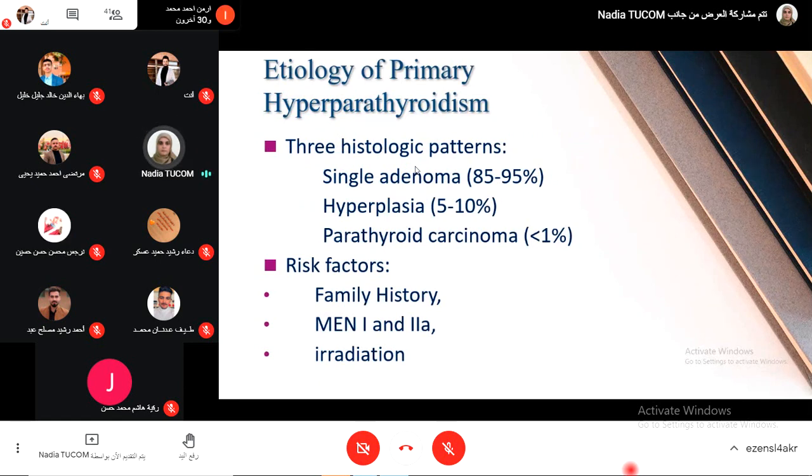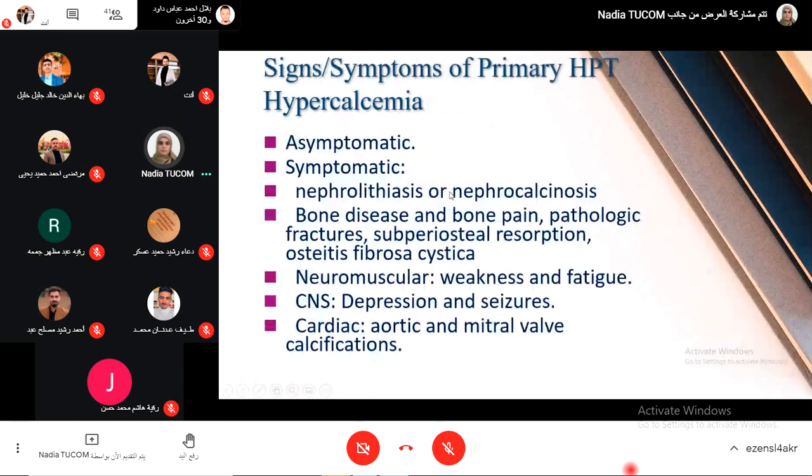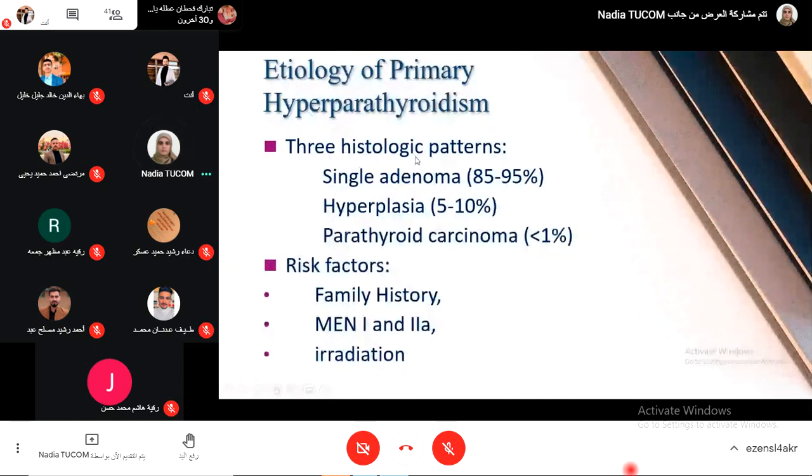The signs and symptoms. First, the etiology. Regarding hyperparathyroidism, there are three histological patterns or causes. Either a single adenoma, a parathyroid adenoma. What do you expect, is the adenoma multiple or single? And hyperplasia, multiple or single? What do you expect the presentation to be in the four glands?